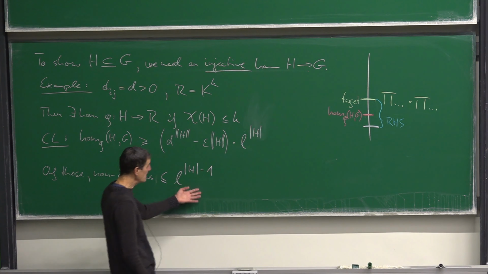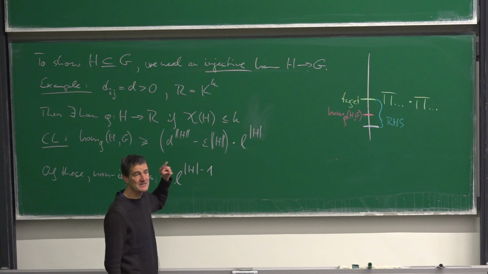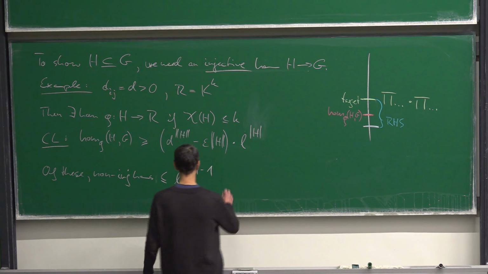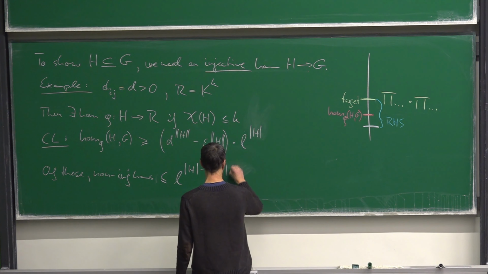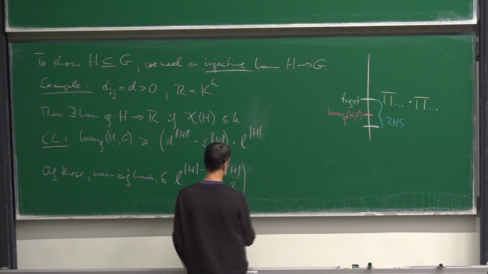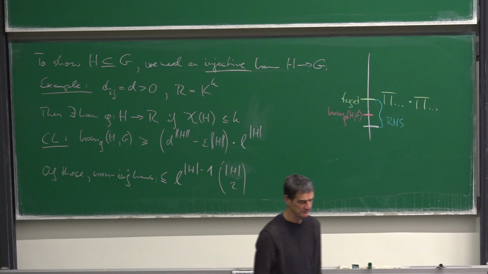And how many ways are there of choosing those two vertices that witness the non-injectivity? Well, let's be generous. Just choose a pair, right?